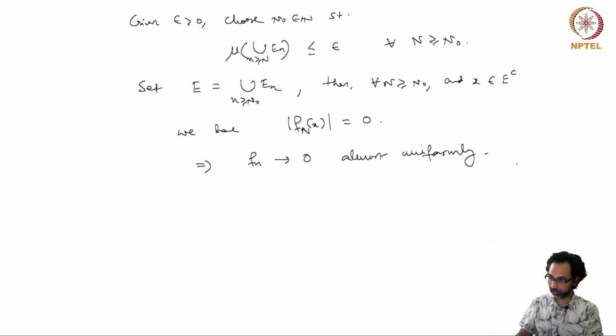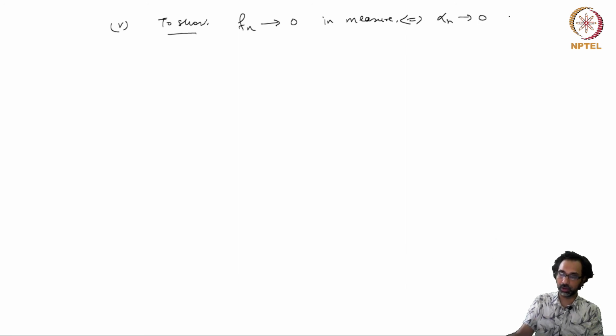So now we are left with the fifth part, which is to show that Fn converges to 0 in measure if and only if either alpha n goes to 0 or the measure of the width goes to 0.